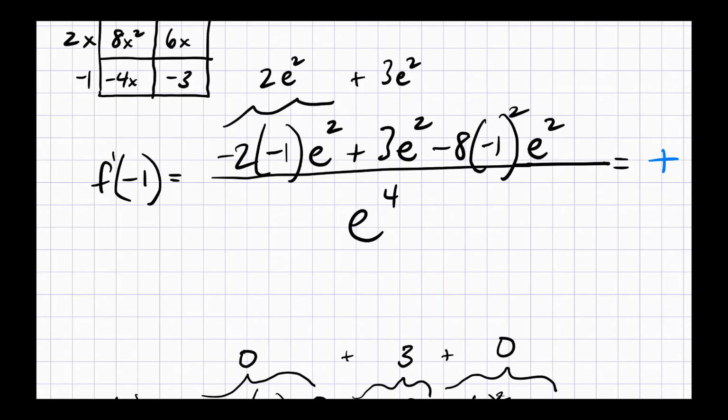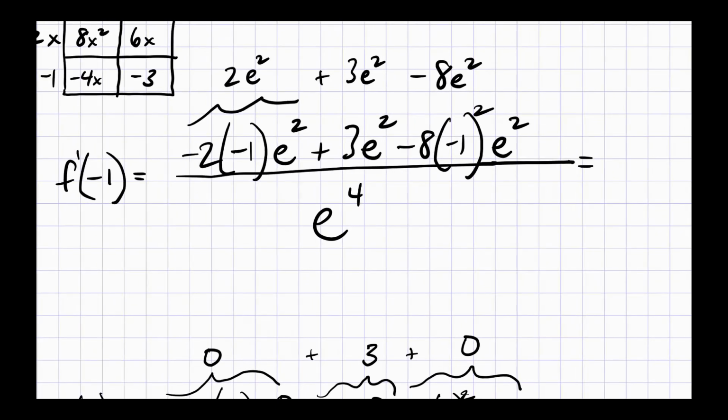And then over here, I have -1 squared, which is 1, times -8 is -8e squared. Oh, so it's going to change my answer here. The bottom's going to be positive, so don't worry about the bottom.